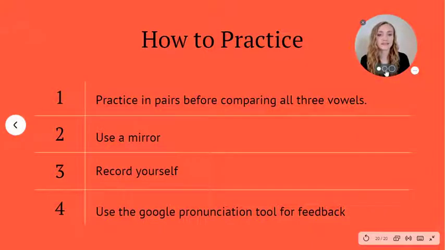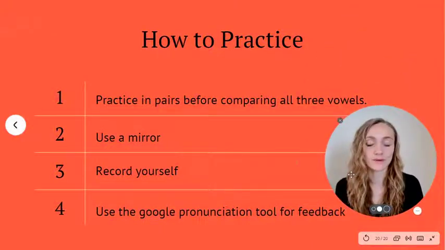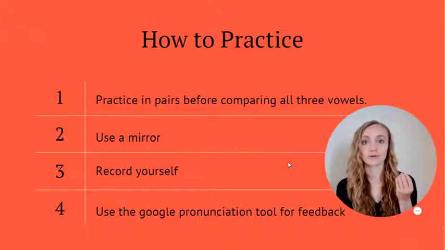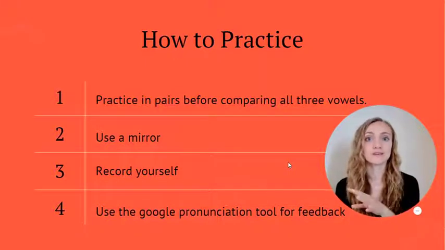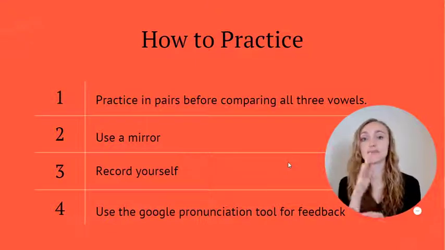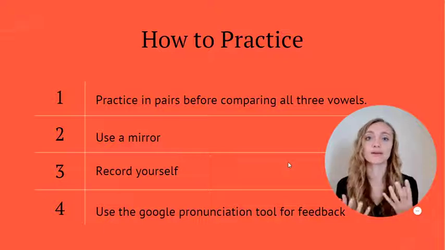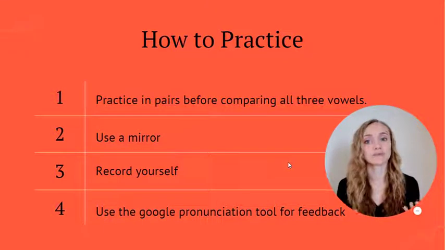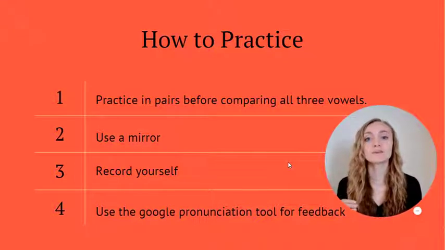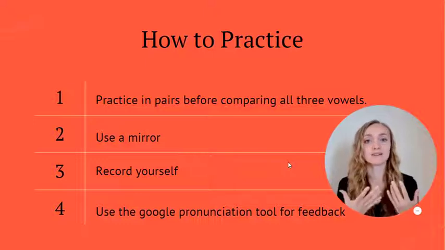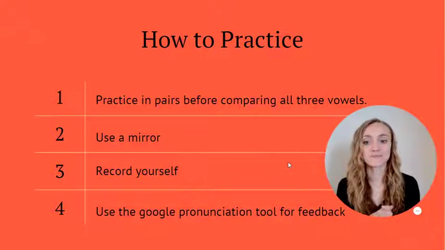So again, how to practice moving forward. Practice in pairs before comparing all three vowels. So just like here in this video, we practiced beat and bit, and then bit and bet. Practice them in pairs before you compare all three so that it's just easier moving forward, okay? Then we're going to use a mirror as well, like I said, to actually physically see how open and relaxed your jaw is, because that'll tell you if you're doing things correctly.